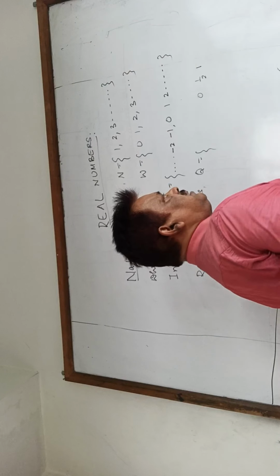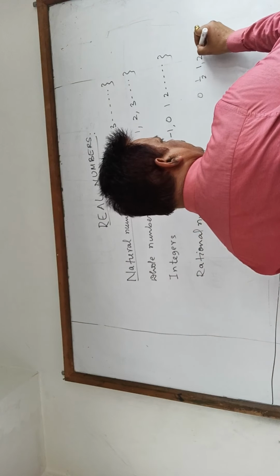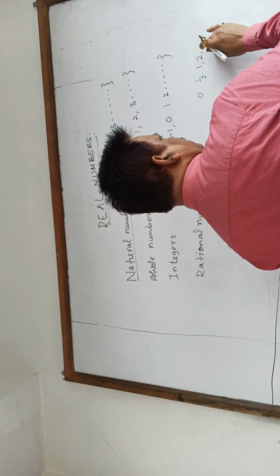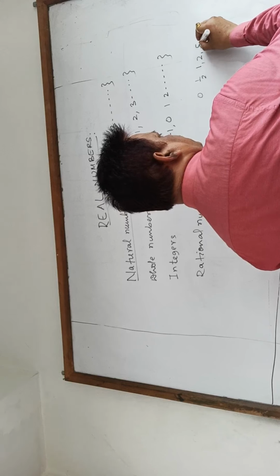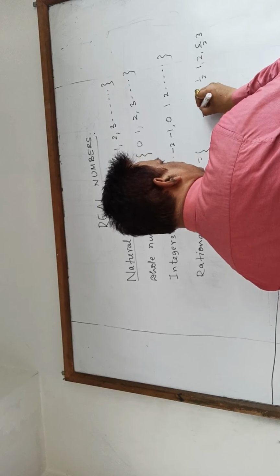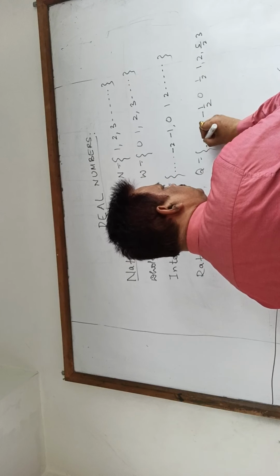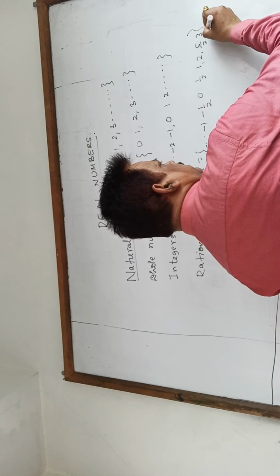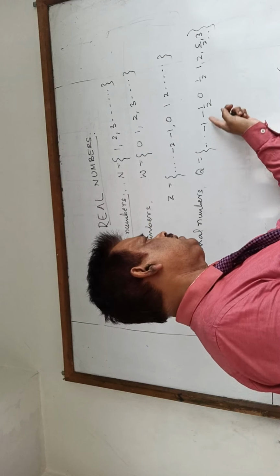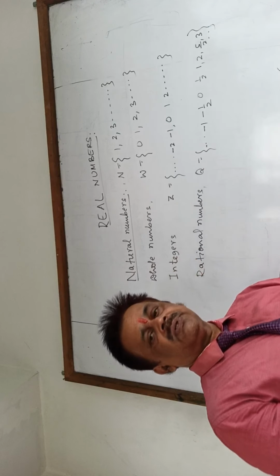So when fractions are included, 2, 5 by 2, 3, minus 1 and so on. That means all the fractions and all the integers we will be calling them as rational numbers.